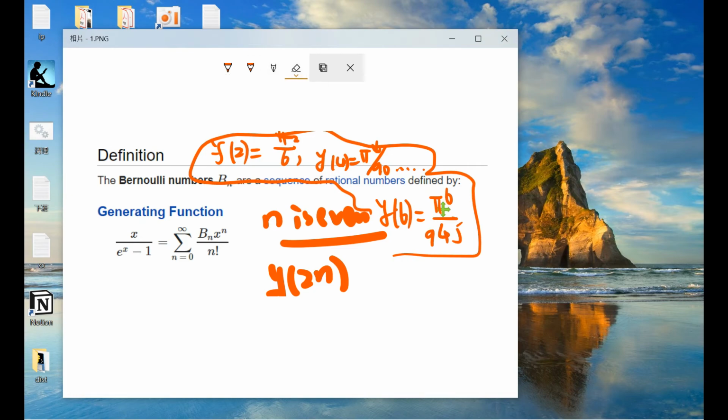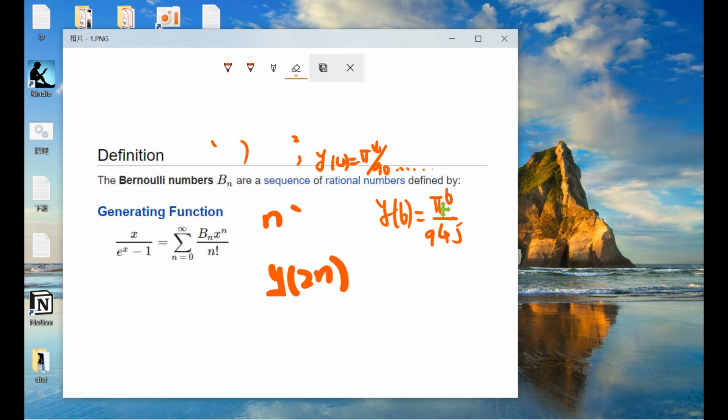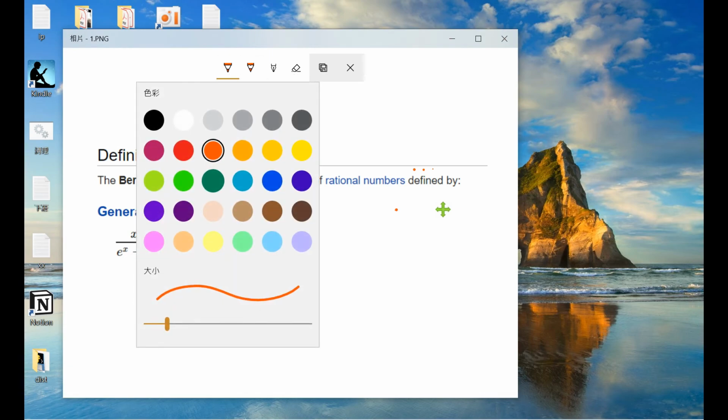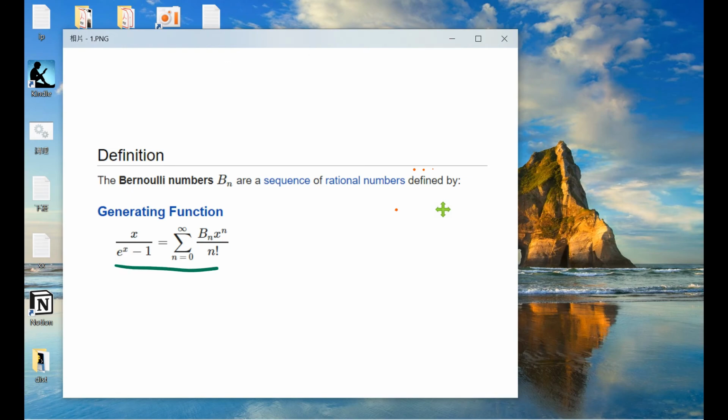But in order to show all the positive even values of zeta 2n, like zeta 8, it's most convenient to use another coefficient called the Bernoulli number. So this is the definition of the Bernoulli numbers: you write x divided by e to the x minus 1 as this series.